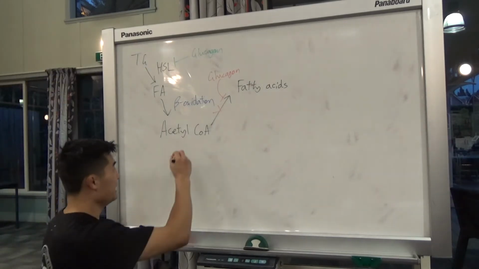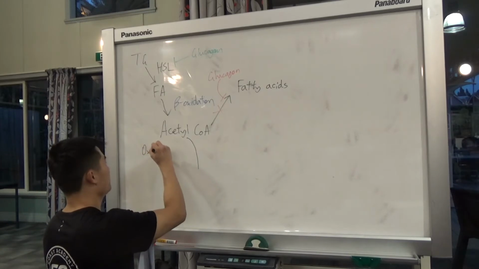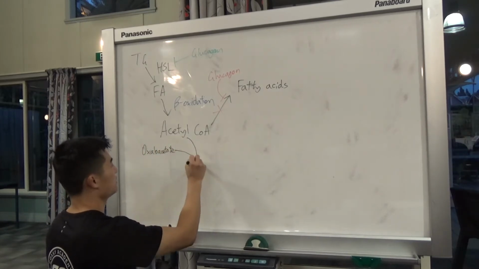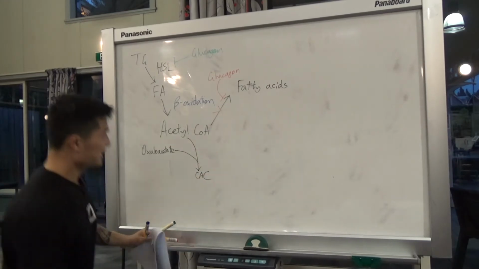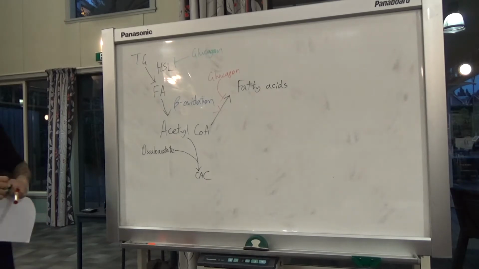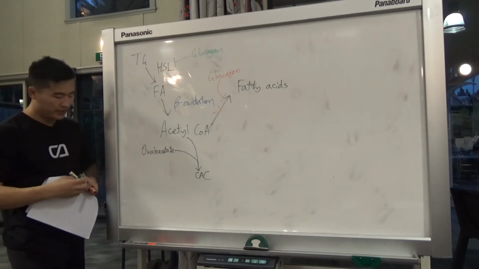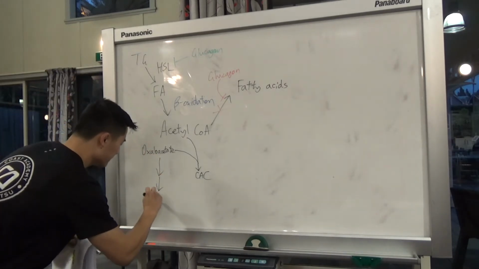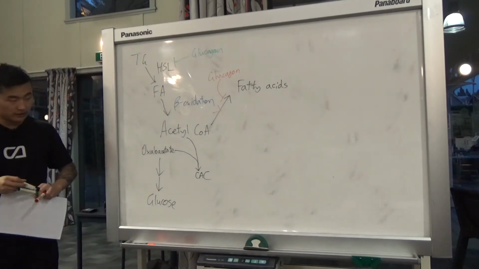Or acetyl-CoA could join up with oxaloacetate to go into the citric acid cycle. But we don't have a lot of oxaloacetate because most of this oxaloacetate is being turned into glucose.